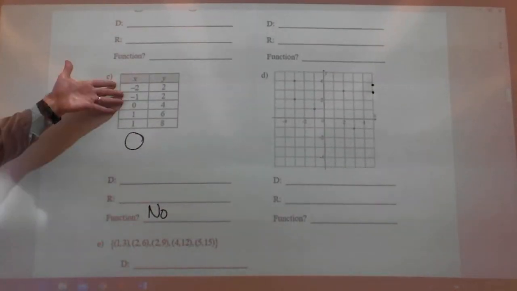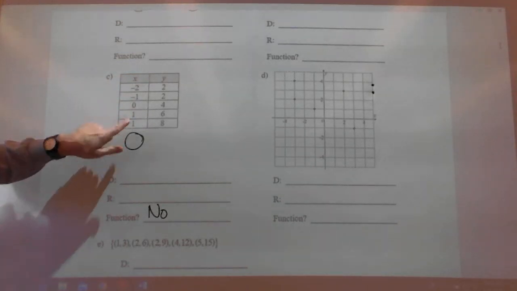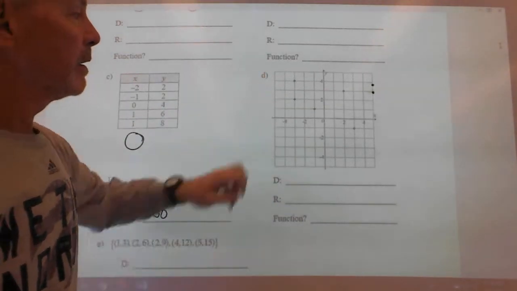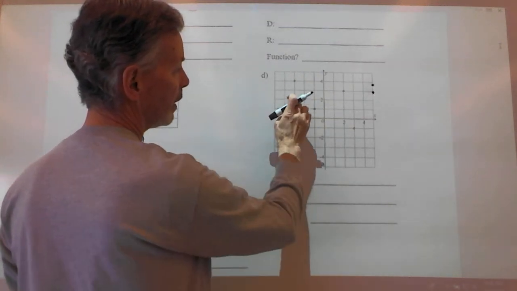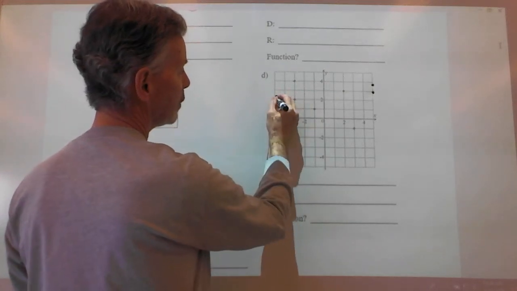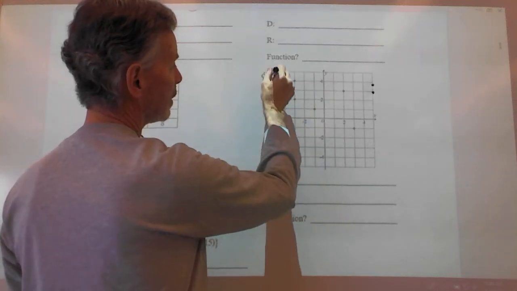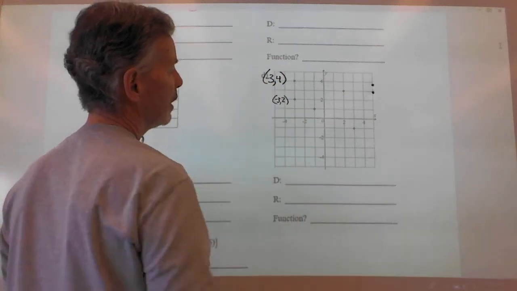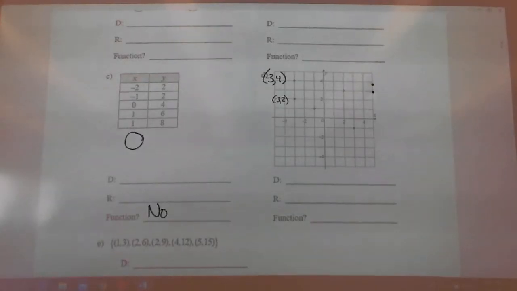So again, for C, you can see that you have a repetition of x values here, so not a function. For D, right here, you have a repetition of x values. The ordered pair for this lower one is -3 and 2, and the ordered pair for this higher one, also -3 and 4. Again, repeated x values. So this one, not a function.